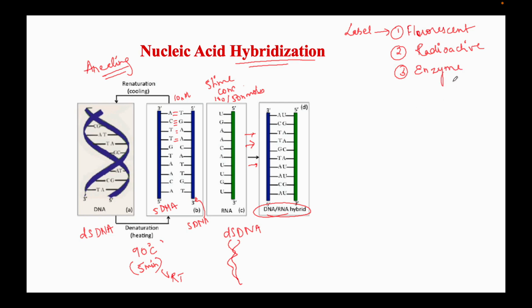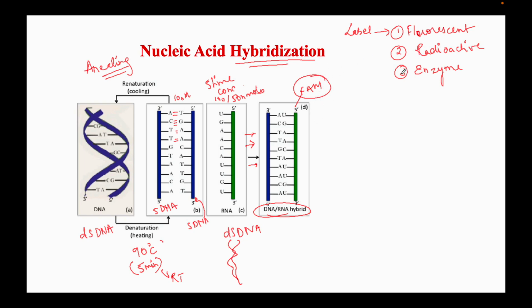This enzyme could be HRP, horseradish peroxidase. If it is a fluorescent label, we just need to fluoresce it. Generally we use a FAM labeled DNA. Please go and check what this FAM labeled DNA is.